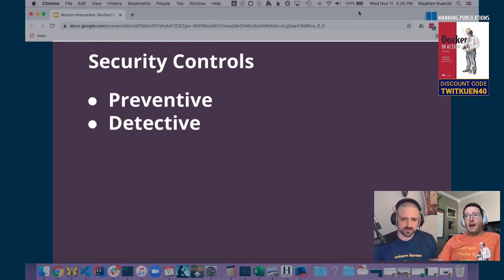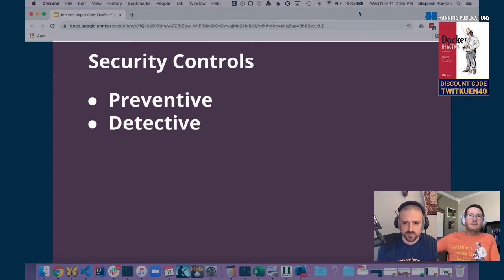And there's two major classes of security controls. There's preventive and detective. Preventive is going to help prevent problems from happening. An example is authentication and authorization schemes, like usernames and passwords, which allow a system to limit a user to only their own information, and that's a preventive control.